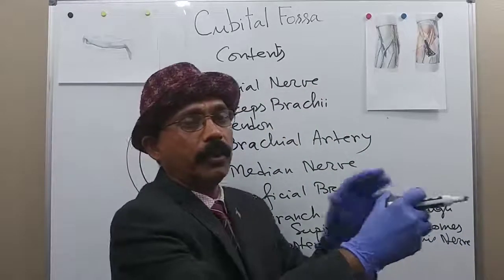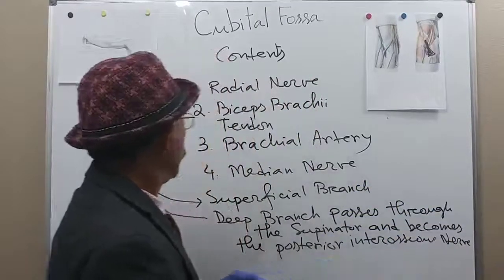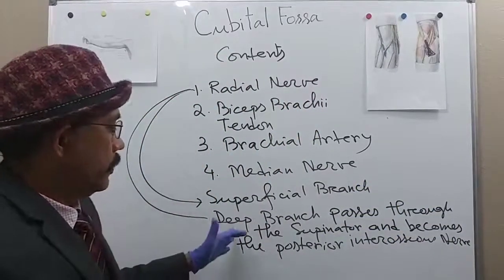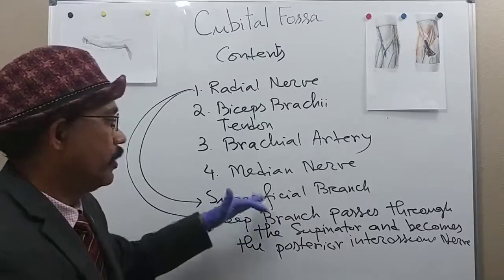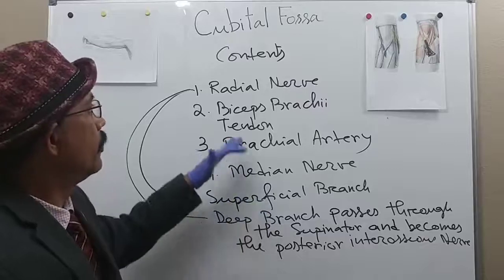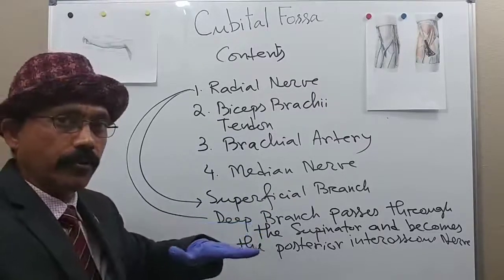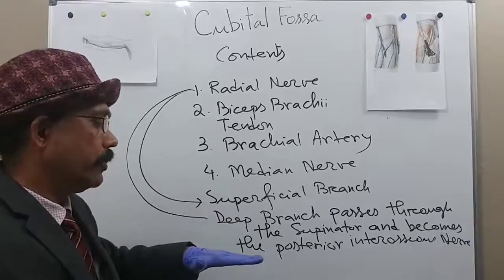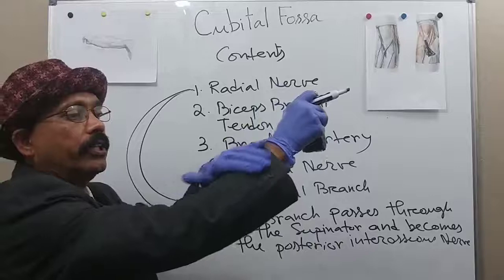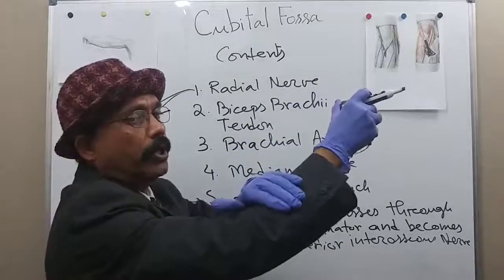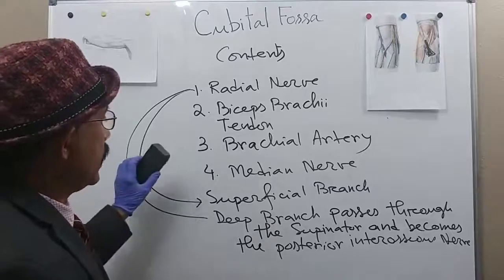That nerve supplies the muscles at the back of the forearm. So the deep branch goes through the two sets of muscle fibers of the supinator and becomes the posterior interosseous nerve, which supplies the muscles of the back of the forearm. We have the superficial branch of the radial nerve as well.